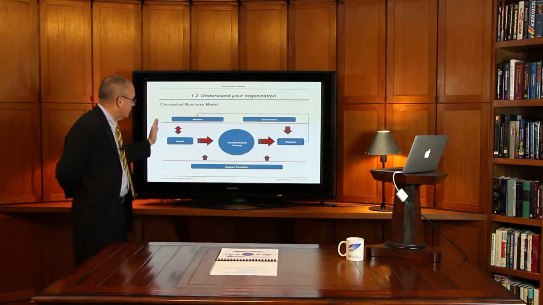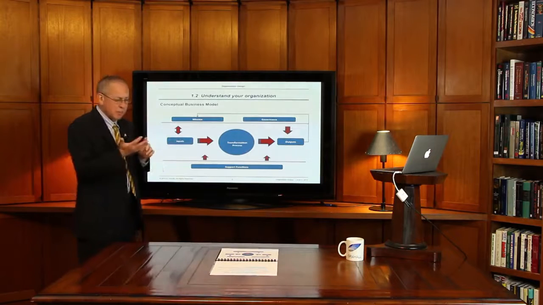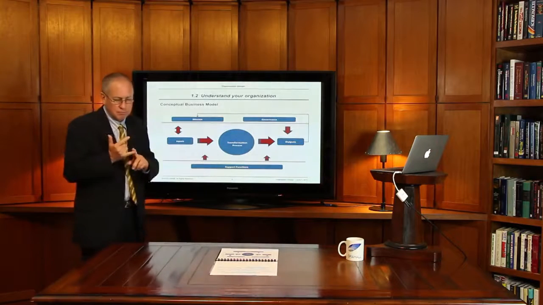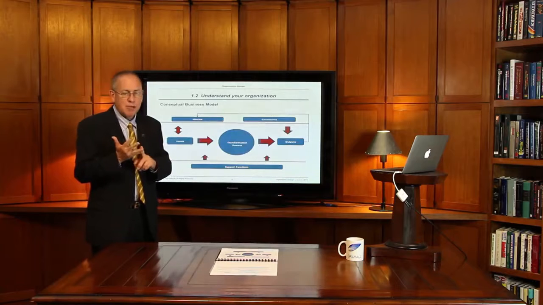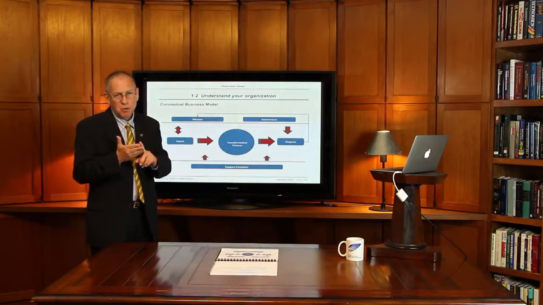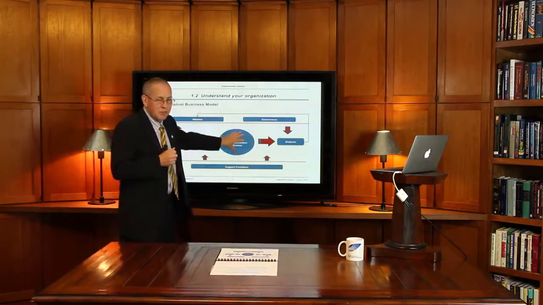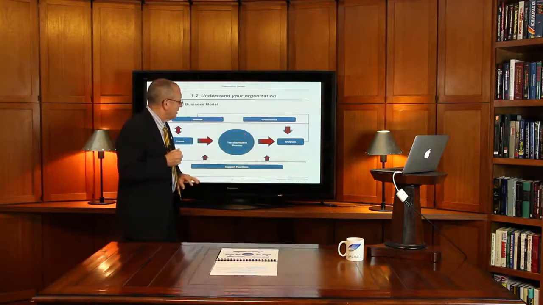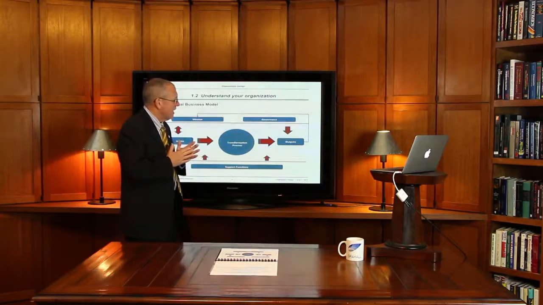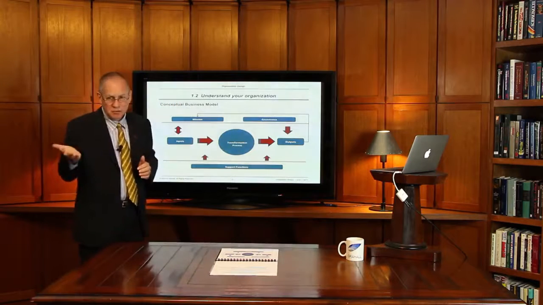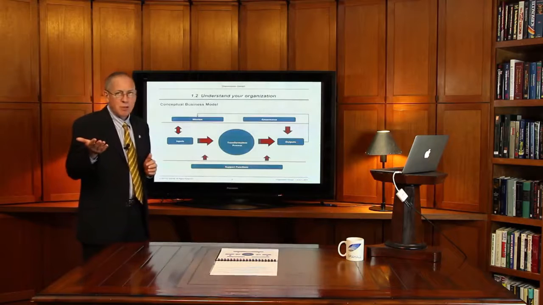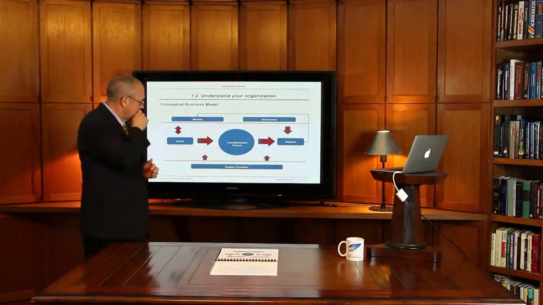Every organization starts with inputs. Inputs can be things like money, people, ideas, support from donors, etc. Transformation process is whatever your business does, and the business processes that are involved in that. And every organization has outputs. So what is the end result of what you do in your organization?